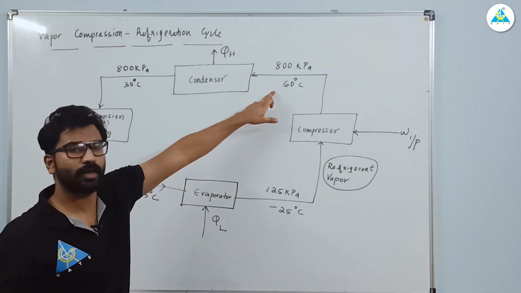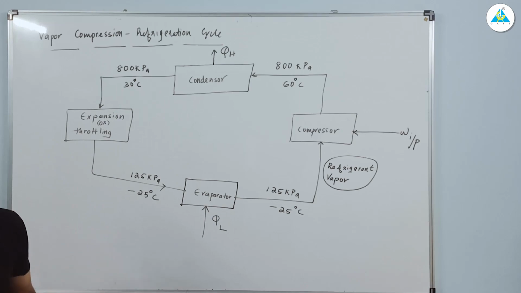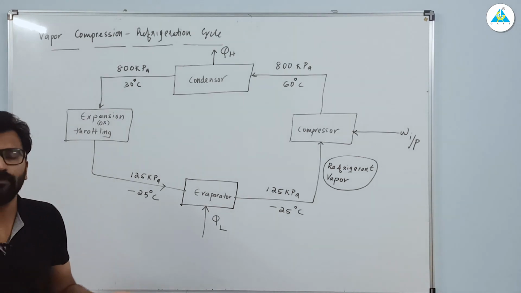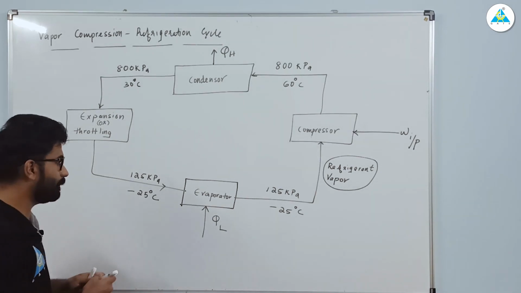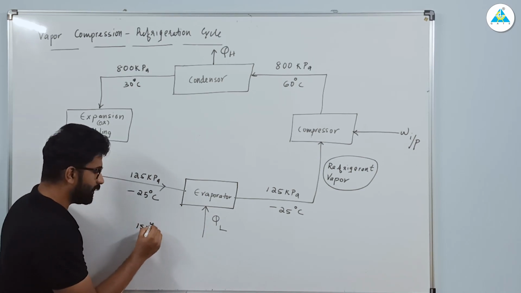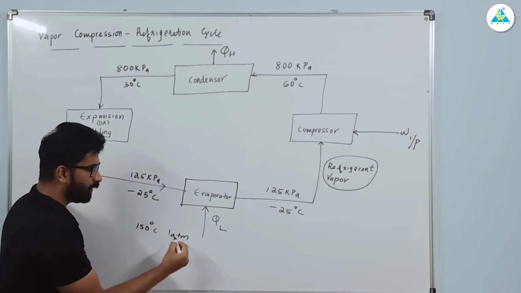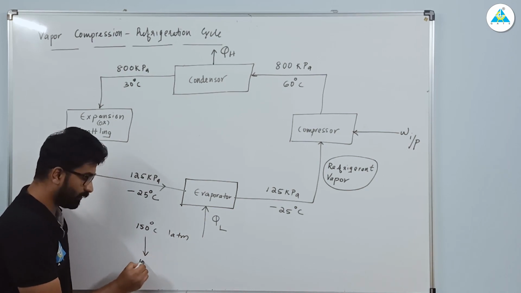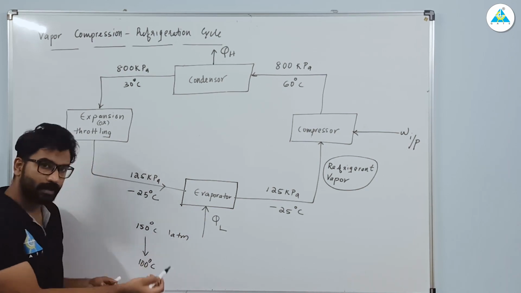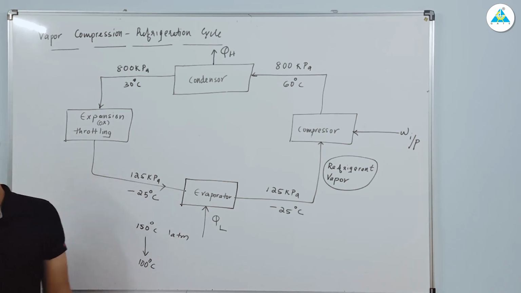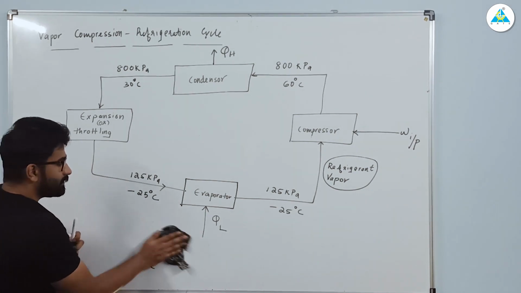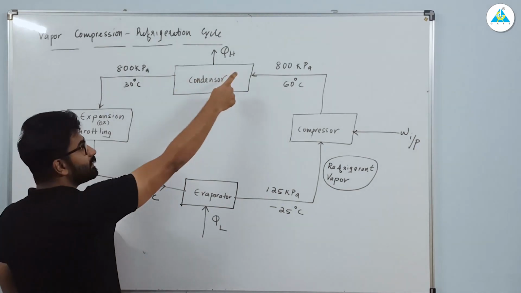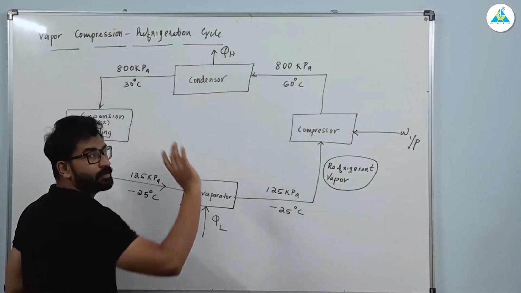To denote that, we have just given a temperature difference. For example, if you have a 150 degrees Celsius vapor at 1 atm, if you want this to condense, we should first decrease this temperature to 100 degrees Celsius, then only condensation will happen. Same logic. Once that condensation is happening, the heat associated with the vapor is lost.